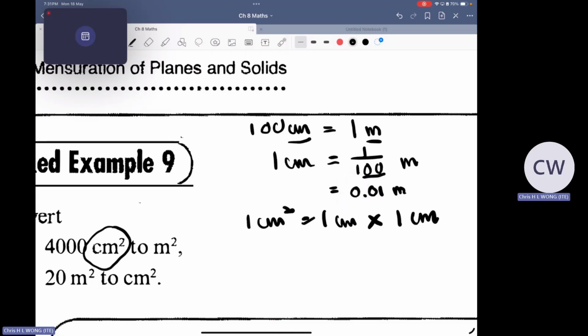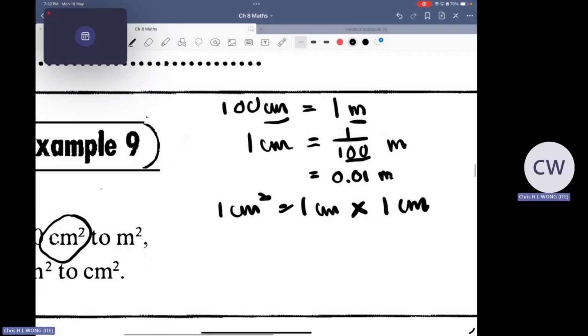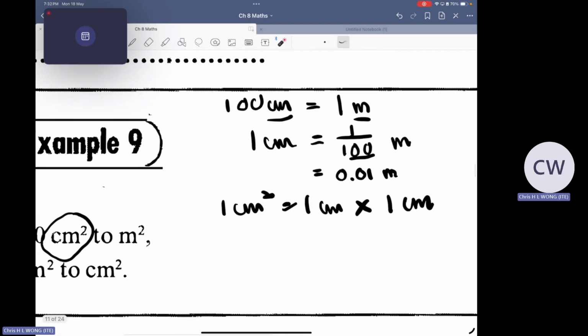1 cm is 0.01. So you put 0.01 here, 0.01 here. This one becomes meter. So this one becomes 0.01 meter and 0.01 meter. So you separate them. So literally, what you are doing, you are actually changing it to meter.